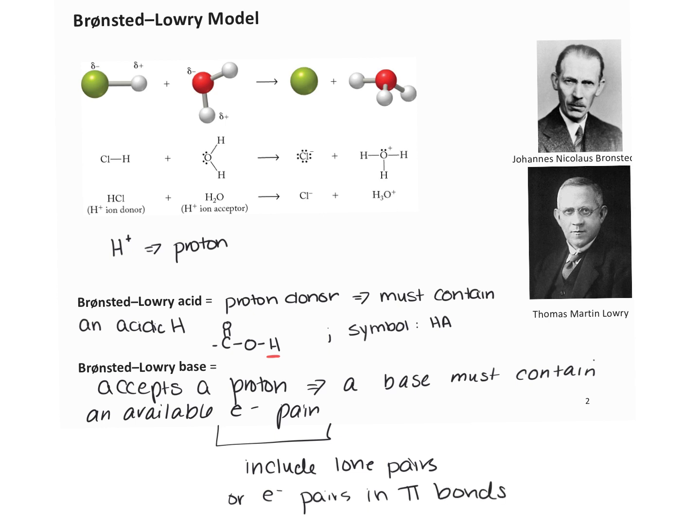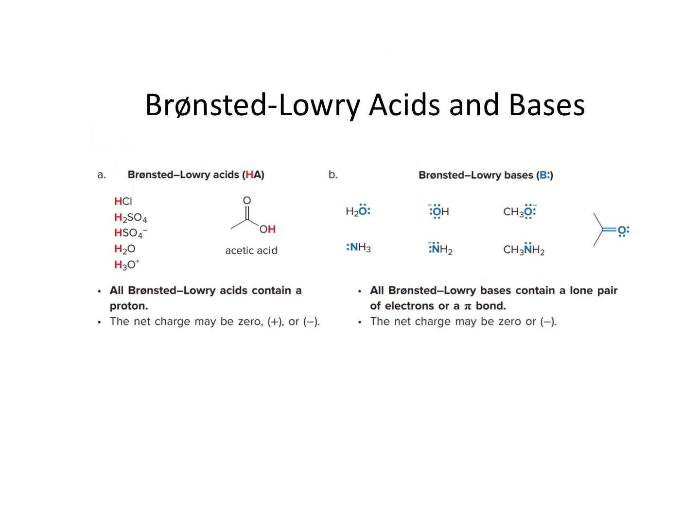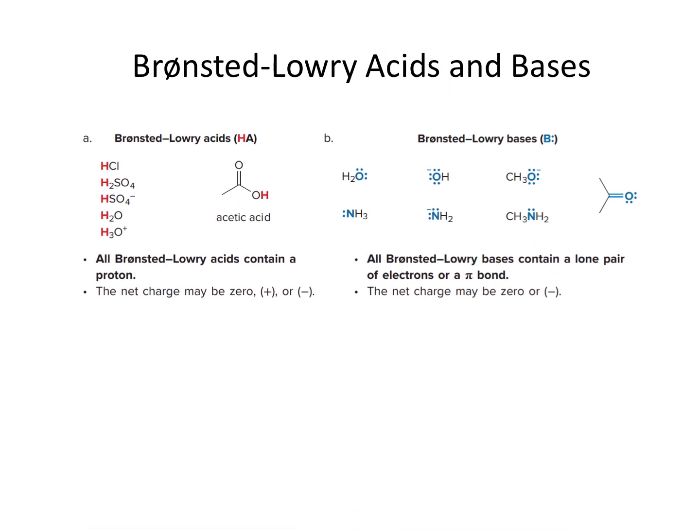So when we talk about Bronsted Lowry acids and bases, I want to show you some examples. Right, so here are some examples of your Bronsted Lowry acids and bases. We can see those acidic protons highlighted in red here. The net charge here can be 0, it can be plus, it can be negative.